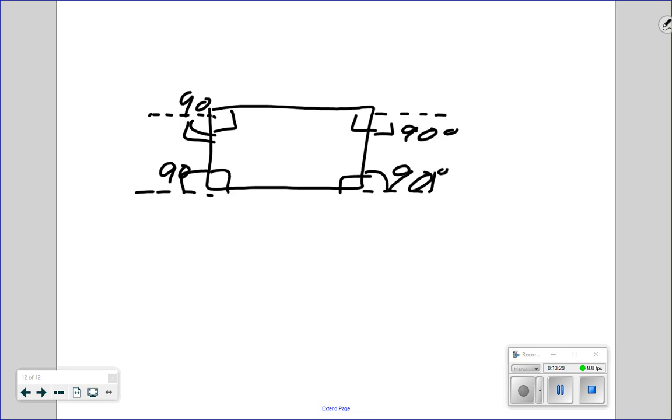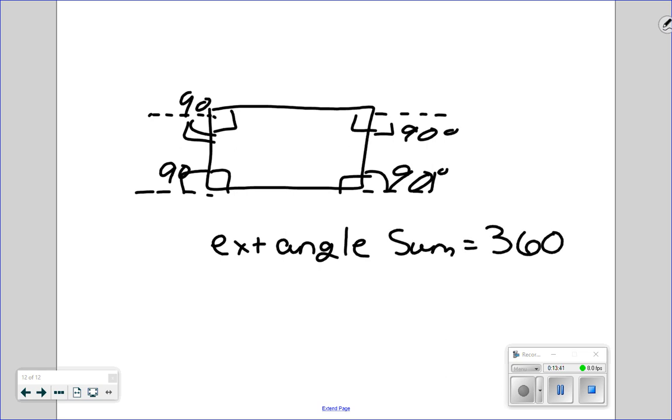So we still have an exterior angle sum of 360 degrees. So regardless of what shape you have, whether it's a hexagon, a pentagon, an octagon, the sum of all the exterior angles ends up being 360 degrees.